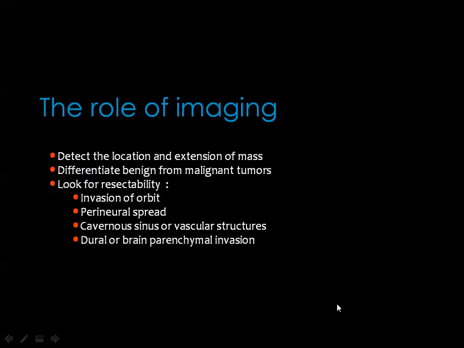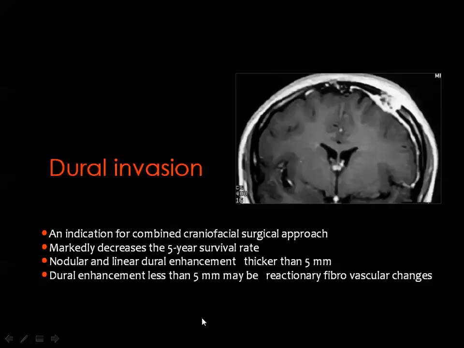Then what are the important roles of imaging in this particular area? Number one is the detection of the lesion and to show its extensions accurately. Then differentiation between benign and malignant lesions, and looking for the possible resectability of the tumor, including invasion of important structures like the orbit, extension along the nerve roots, or invasion of the cavernous sinus and major vascular structures, dural and parenchymal invasion.